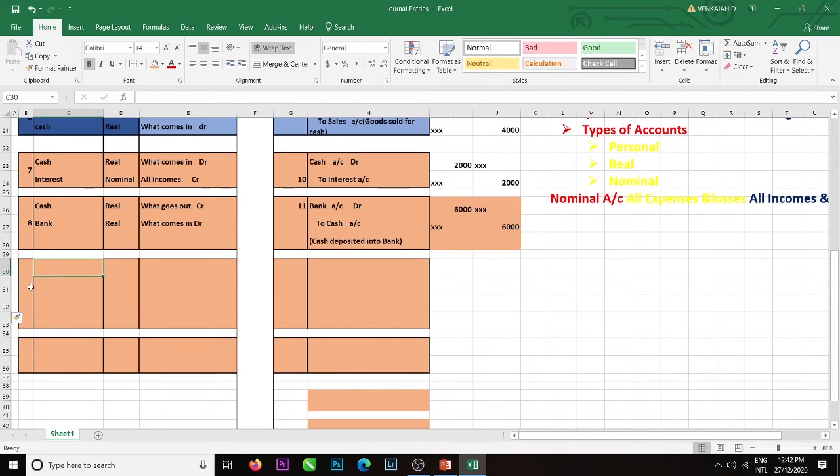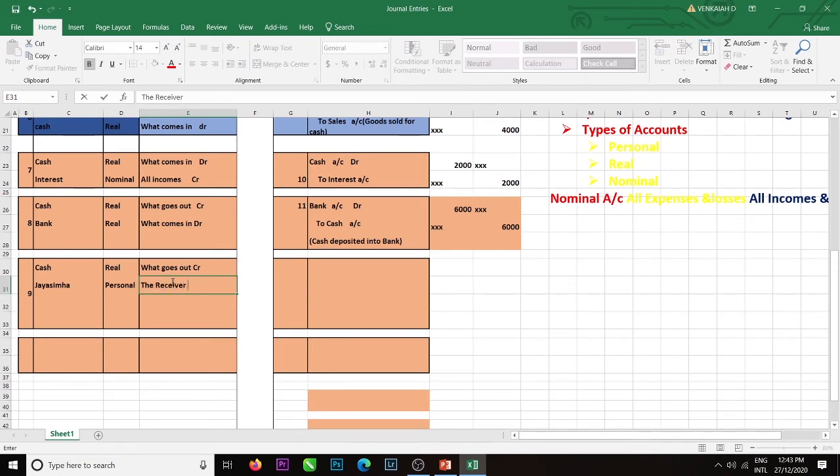Number one, cash is a real account. When I pay to Jaisimha, cash is going out. What goes out should be credited. Next, Jaisimha is a personal account and is the receiver.